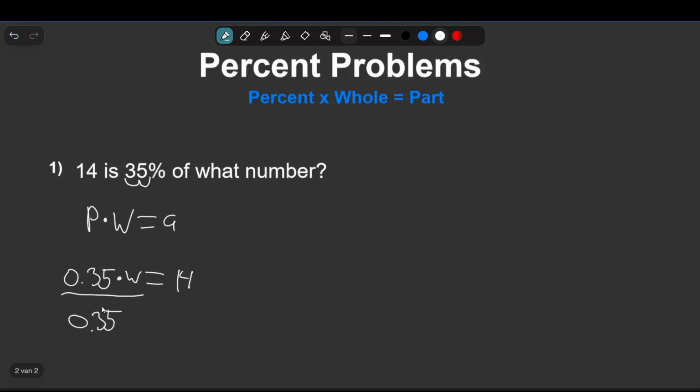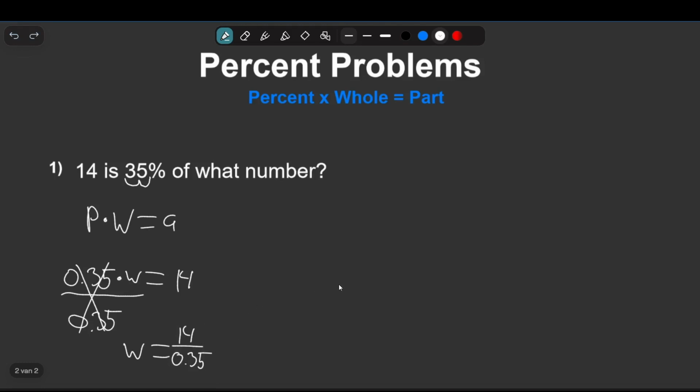And 0.35 divided by 0.35 will cancel each other out, so we are just left with the W, or our whole. And of course, if you are dividing the left side of the equation, we also have to divide the right side of the equation. So we get W, or whole, equals 14 divided by 0.35. So this is why we have to divide.